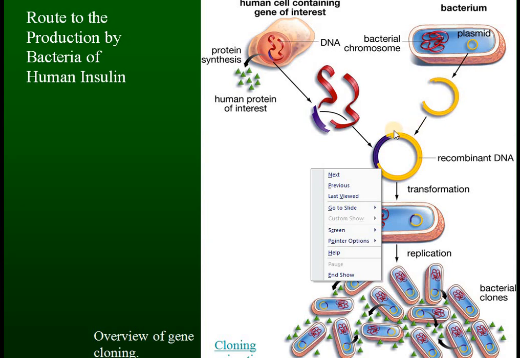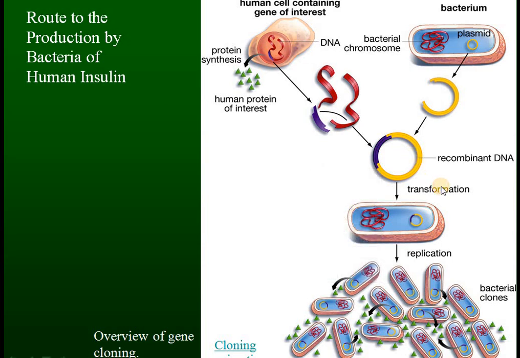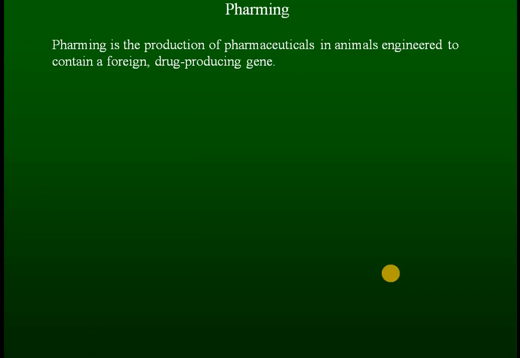Then you have to insert the gene of interest into the plasmid to make a recombinant plasmid. Then this plasmid you have to transform into the bacterial cell. Then the bacterial cells will replicate, they will produce a lot of bacterial colonies. Then you can isolate the desired protein, okay, after expression.